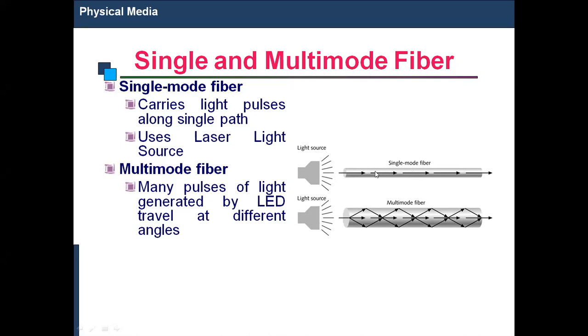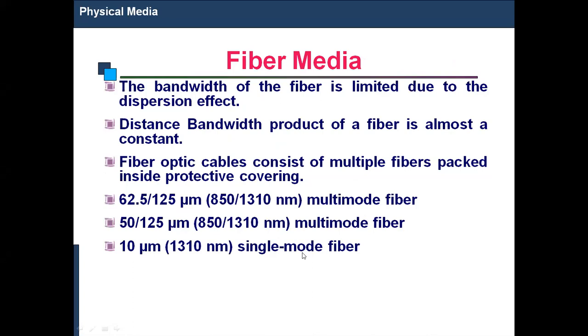We have to transmit a light signal in terms of pulses. The light source which we use is a laser. Similarly, for multi-mode fiber, the light source is an LED. Compare these two. The multi-mode fiber core radius is larger compared to single mode. Here in this fiber media, different types of modes are available.